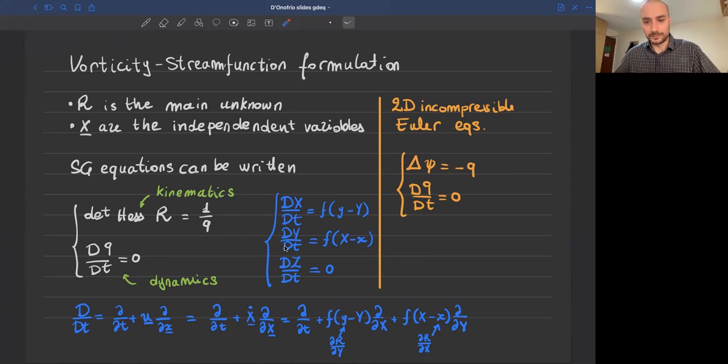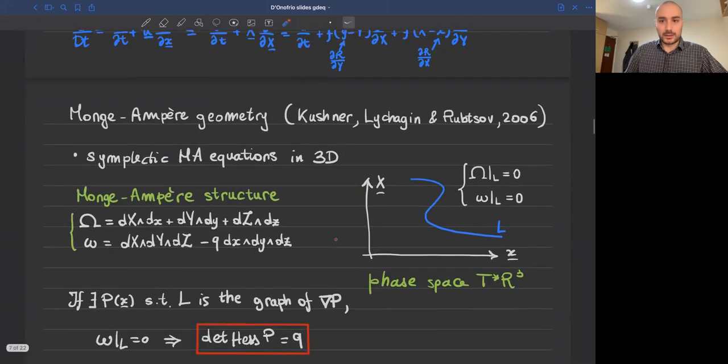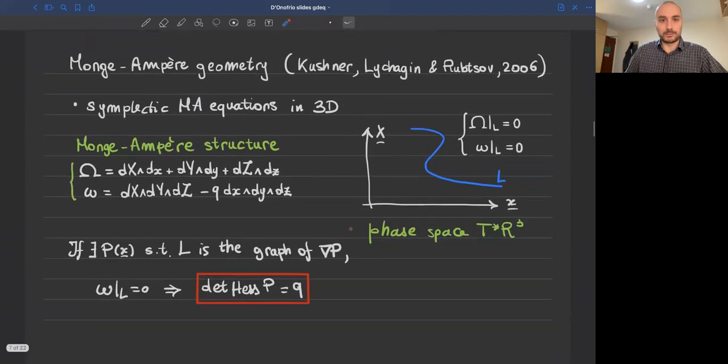And we are going to describe this towards the end of the talk, when I'll show you an example of an exact solution. So for now, we can move on and start talking of geometry.